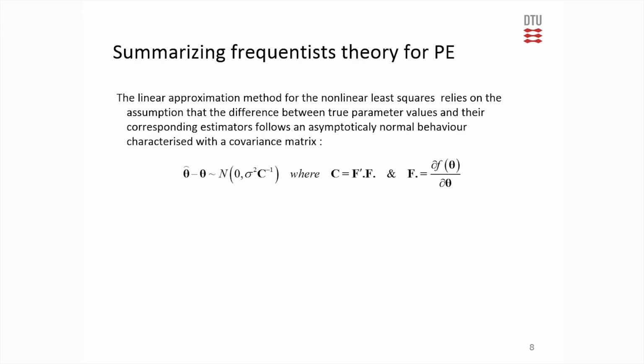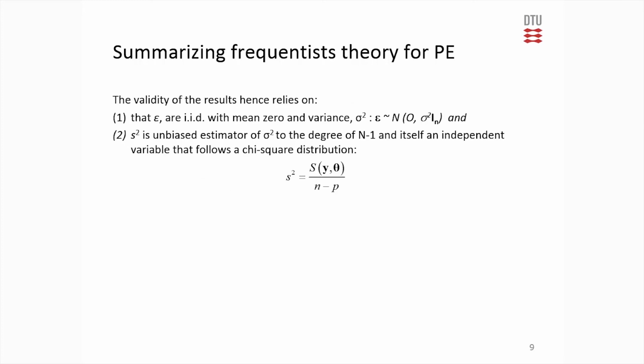The covariance matrix, cov θ hat, is estimated by first-order linearization of the system around the minimum point. This relies on the assumptions that errors are identically independently distributed, with mean zero and certain variance sigma square.